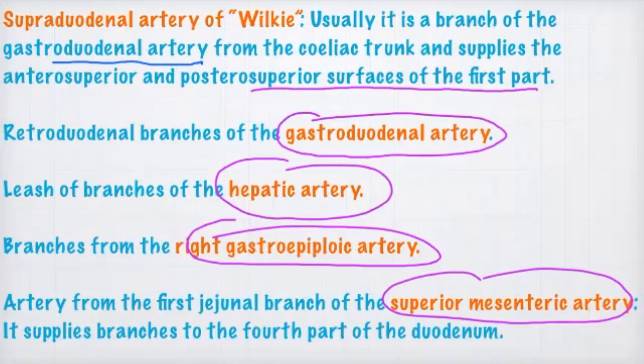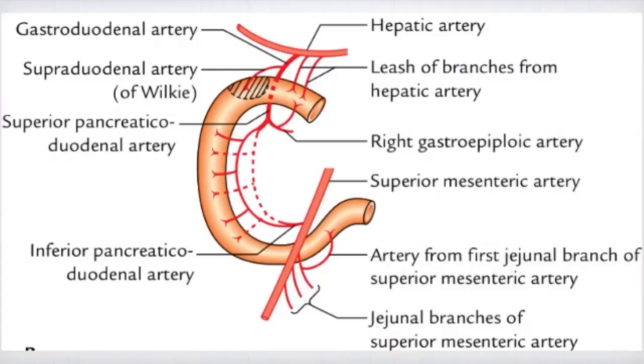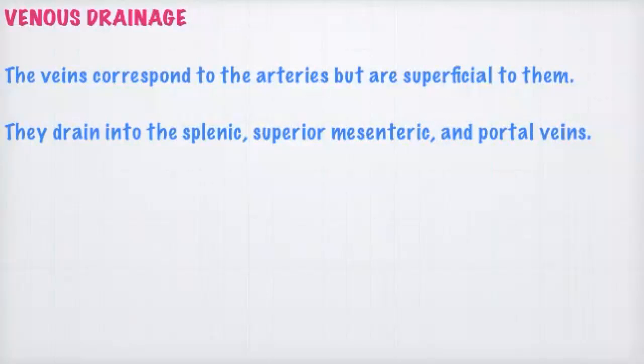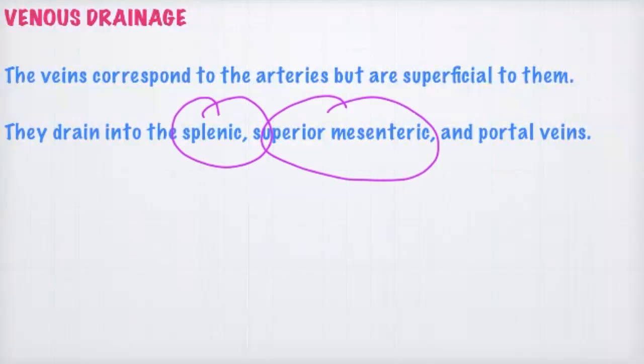Coming to the venous drainage. The veins correspond to the arteries but are superficial to them. They drain into the splenic, superior mesenteric and portal veins. The veins have the same names as the arterial supply, but they drain into the splenic, superior mesenteric and portal veins.